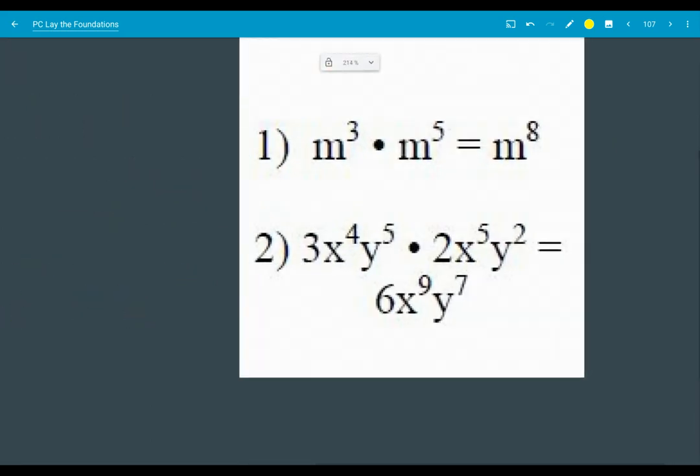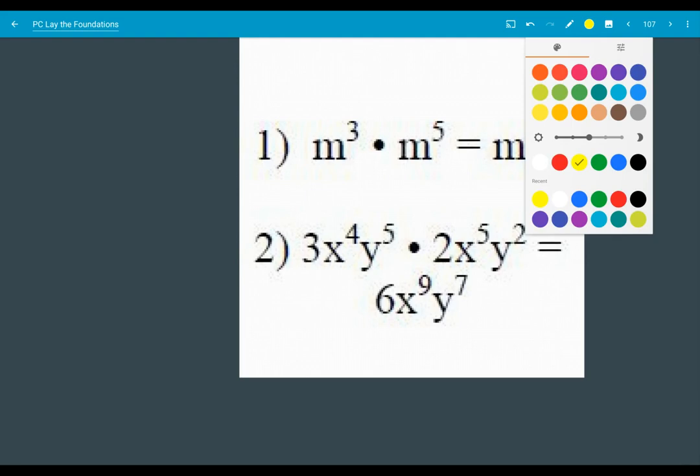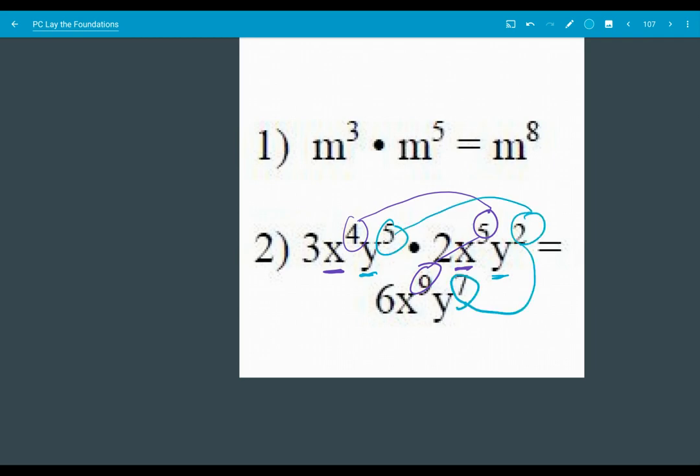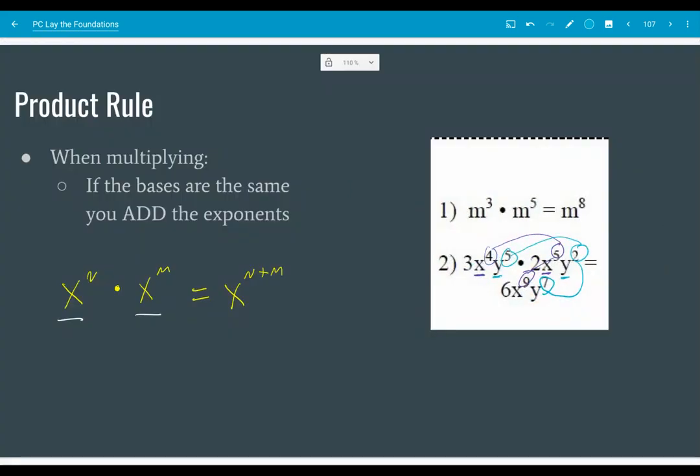In our example over here, we have 3x to the fourth y to the fifth times 2x to the fifth y squared. We have like bases, so we can add the exponents. Again, the same like bases, add the exponents. So again, the product rule says when you multiply like bases, add the exponents.